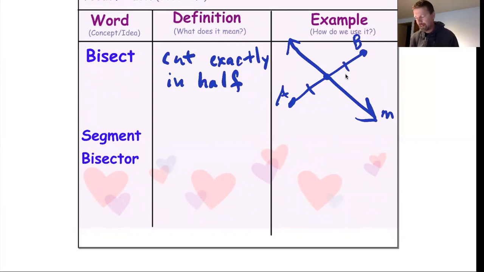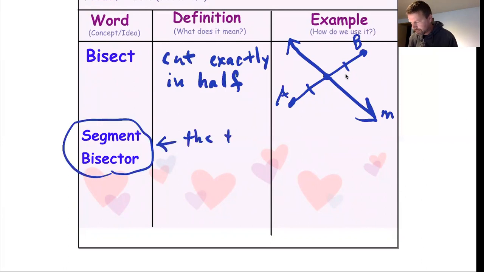That line M would be what's known as a segment bisector. Segment bisector is the thing that bisects a segment.